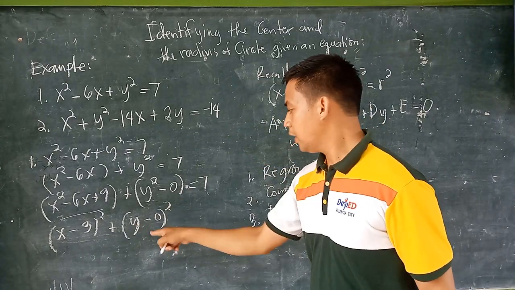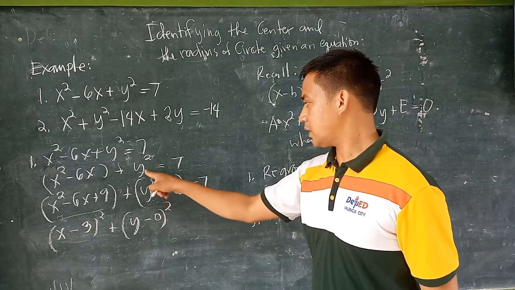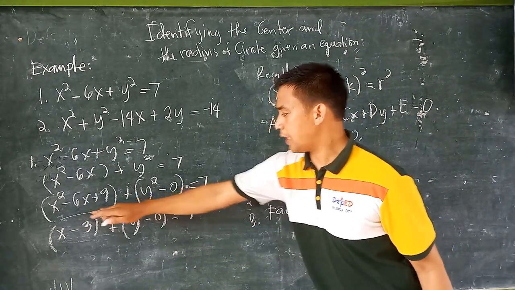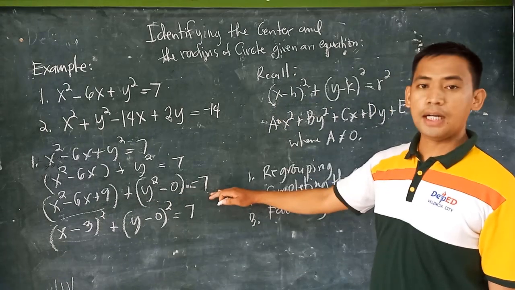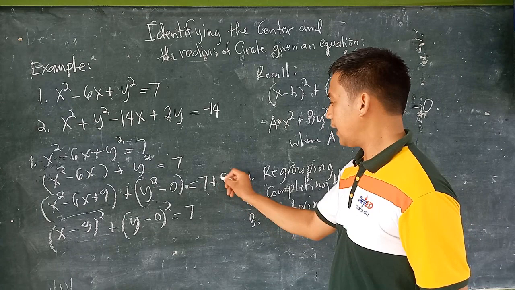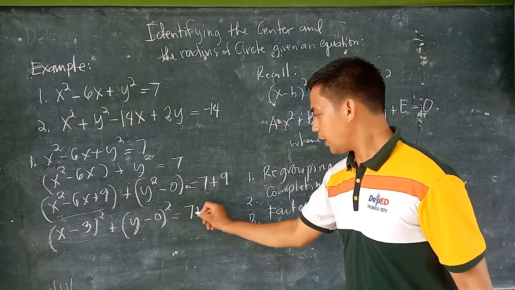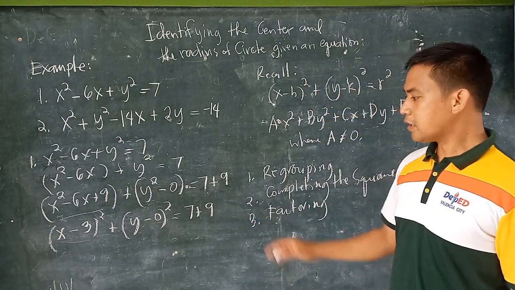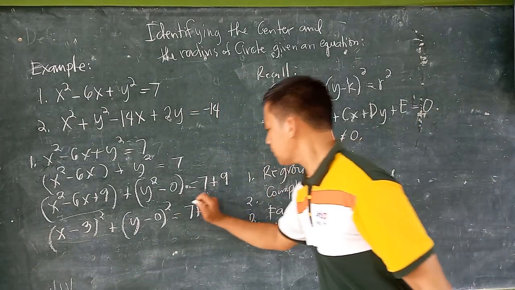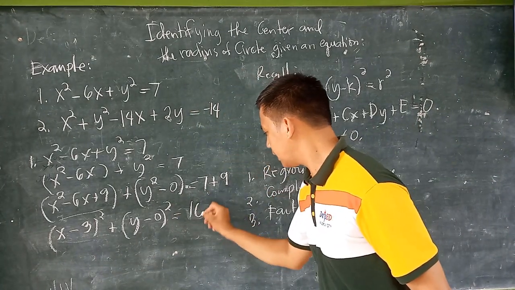If you expand this, it is still equal to y squared. That is equal to 7. On the right hand side, we also need to add 9. So we have 7 plus 9, which we can write directly as 16.